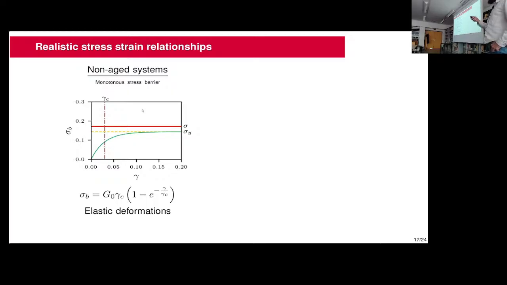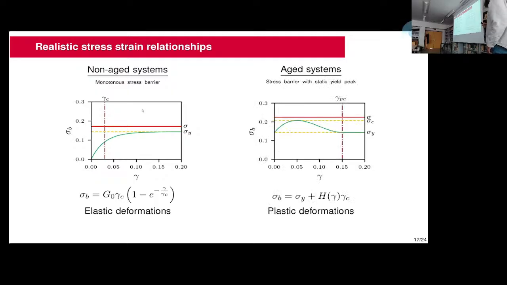But in reality, a lot of yield stress fluids have a peak, a yield peak, that comes from structural aging or other reason, and in which plastic deformation are required to degrade the structure of your fluid before you can get to a fluidized state.